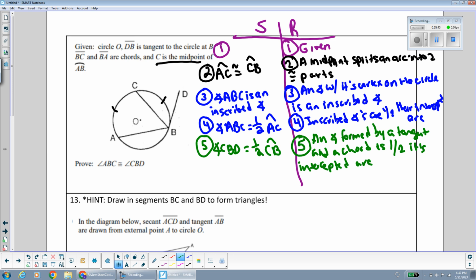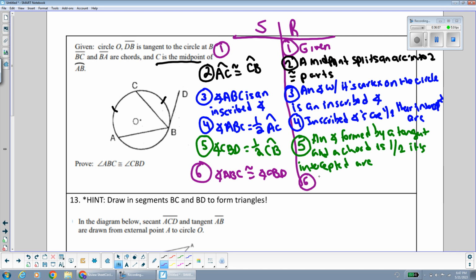So since I know that they're both half of their intercepted arcs, and I already proved in step 2 that their intercepted arcs are the same, then there's no choice but for angle ABC to be congruent to angle CBD, because even though these don't look exactly the same, both of these arcs were proved to already be the same.